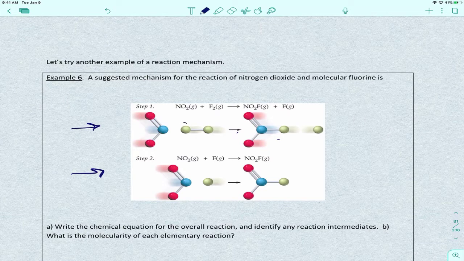So it looks like one of the fluorines, I'm going to circle one of them, is transferred to the nitrogen. Step two, you take the other NO2 and you take the other fluorine, they combine, and you get NO2F.